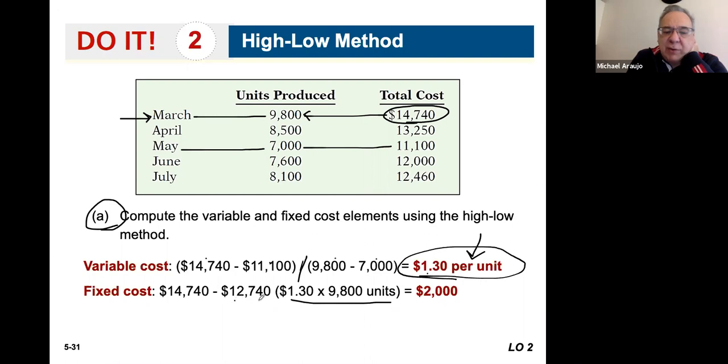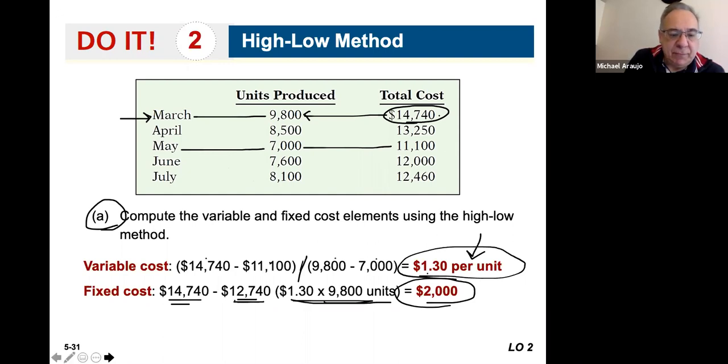That's your $12,740. That is your fixed cost. I'm sorry, that's your variable cost. This is your variable cost. So you take your total cost, which is the 14,740, subtract out your variable, and that leaves you with a $2,000 fixed cost. $2,000 fixed cost. If you did the same thing for May, it would be the same.